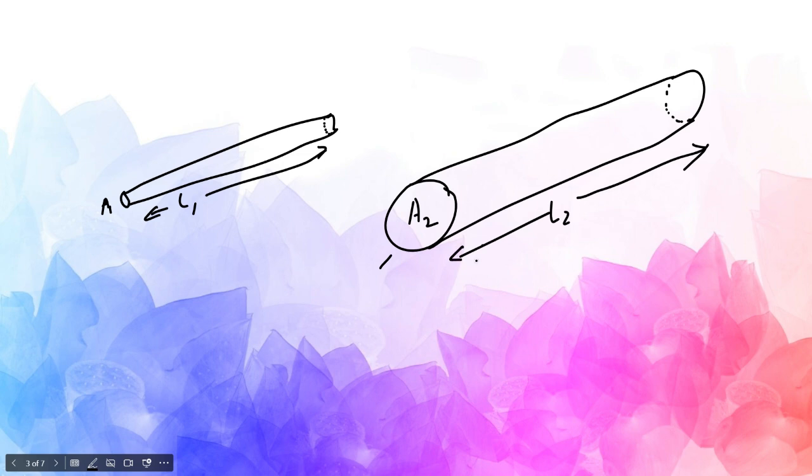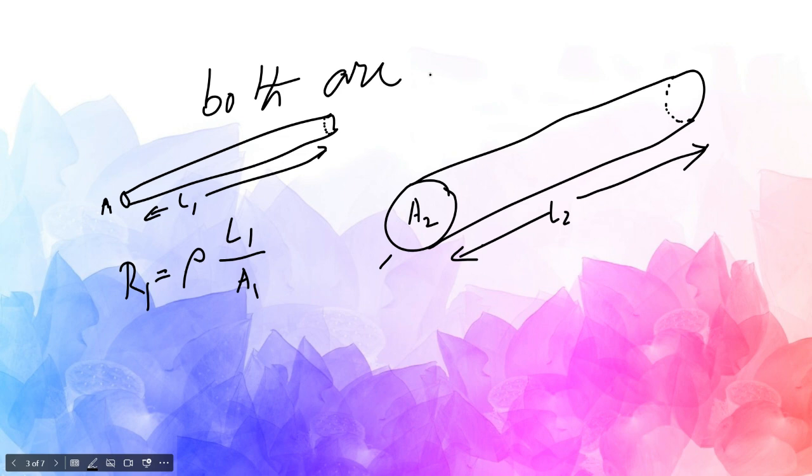So, what will be the resistance in this case? Let's say R1 equal to rho L1 by A1. Let's say both are copper conductors.